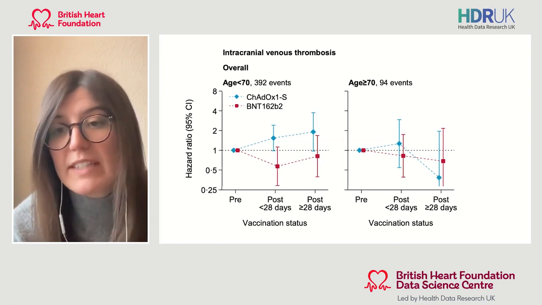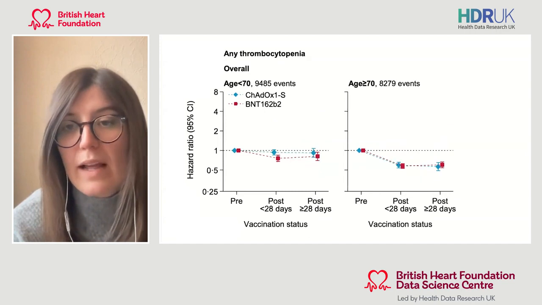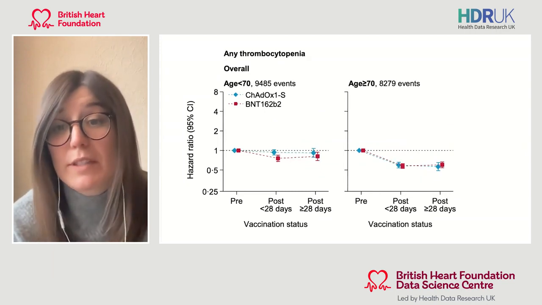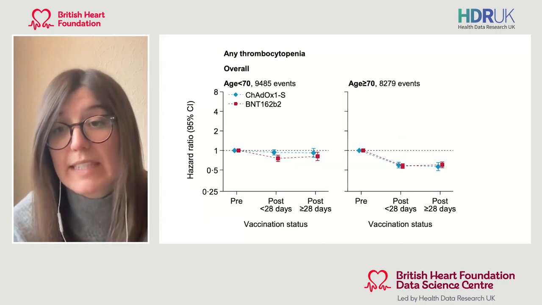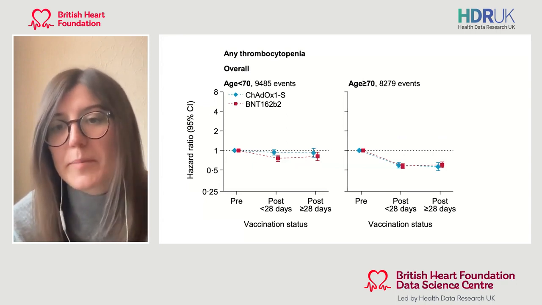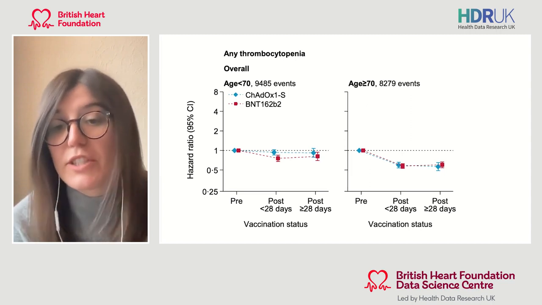And in the over 70s, the hazard ratios were similar to 1 throughout. And then for thrombocytopenia, we saw relatively little difference between AstraZeneca and Pfizer, and hazard ratios close to 1 throughout for people under 70. For the over 70s, we saw a suggestion of a protective effect, but this probably relates to the fact that vaccination is reducing infection.